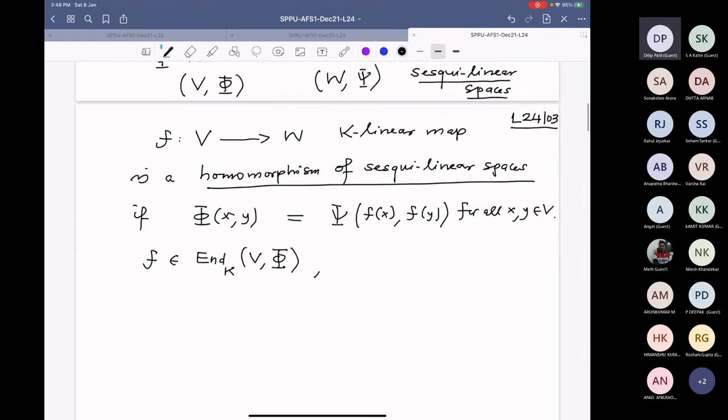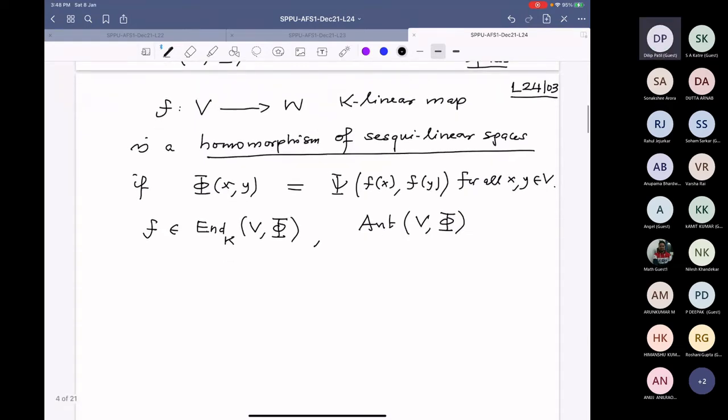Similarly, if I write Aut, this is clear, right? So this is a unit group of this. Again, this is a ring, if you like, or a monoid, and so on. But let me not go into that generality right now.